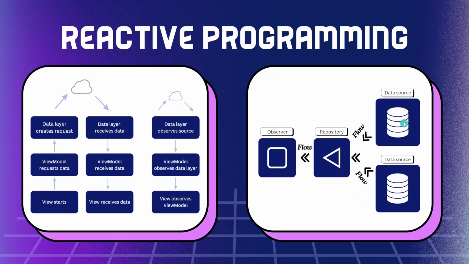And even if we have multiple data sources, by using flow, we can follow this pattern. And as I said, the flow follows the reactive approach and observer pattern. So the data will be given to the repository, and repository will send it to the observer.